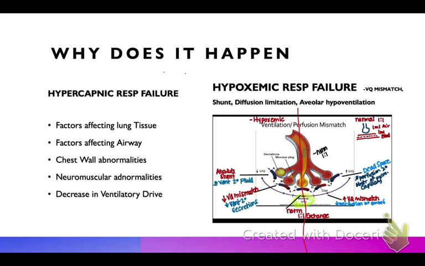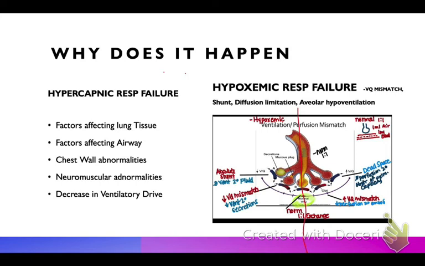Our lactate's going to build up, and this can lead to cell death, which can lead to MODS. If our cells are dying off, then we're headed towards MODS. So we're doing all this to try to prevent further damage to our body.